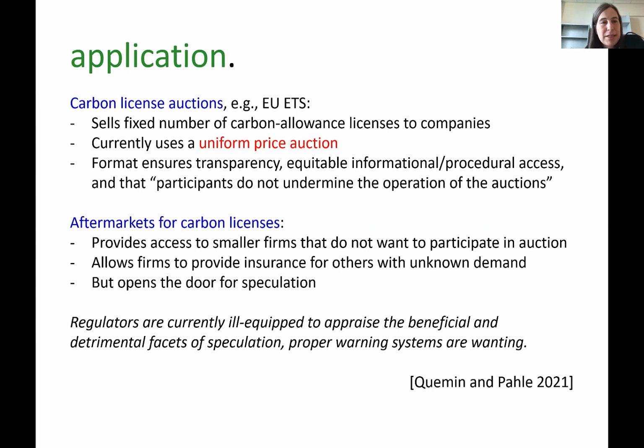This is talking about these specific EU ETS carbon auctions, and proper warning systems are wanting. And so, I'm presenting the results I'll show you with an eye towards addressing this concern by providing auction formats that simply guarantee they won't suffer from potential speculators.